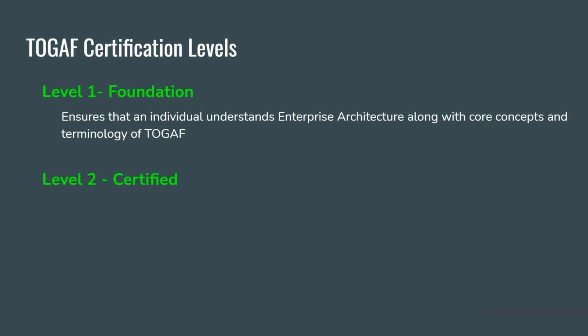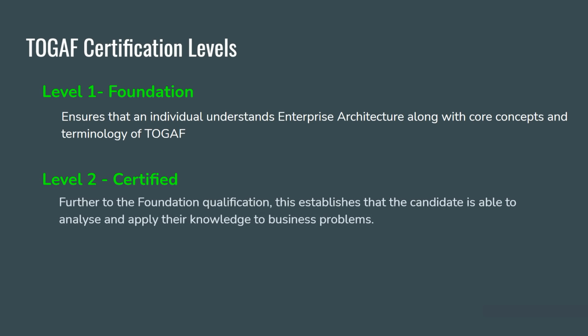However, the next level of certification is level 2, Certified. In addition to knowing the foundation and clearing level 1, this certification establishes that the candidate is able to analyze and apply this knowledge to real business problems.